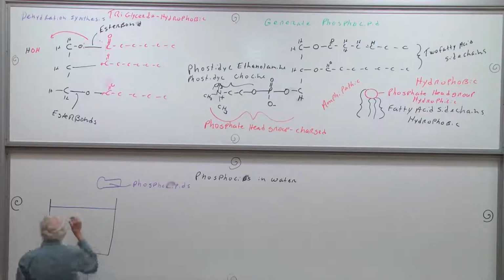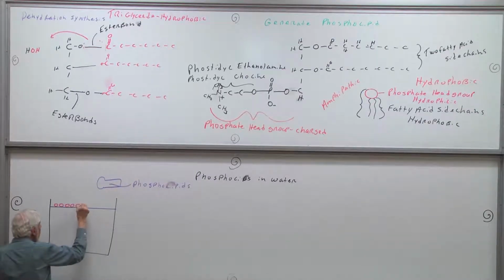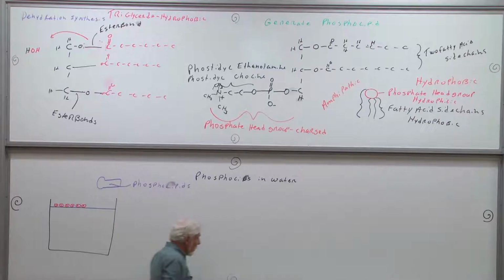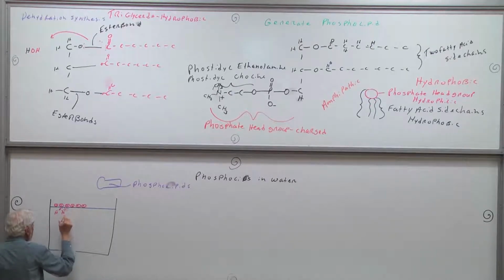The phosphate head groups are going to face the water, because after all, if this is phosphatidylcholine, these will be positively charged. That gives them the capacity to interact with the dipole moments on water.